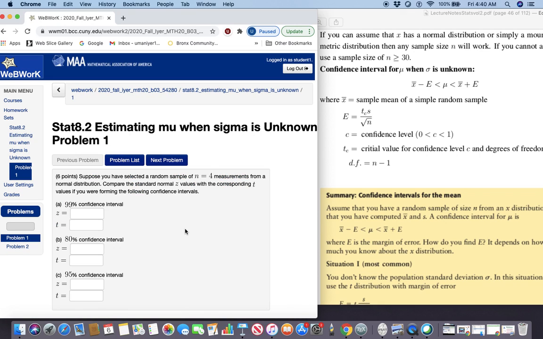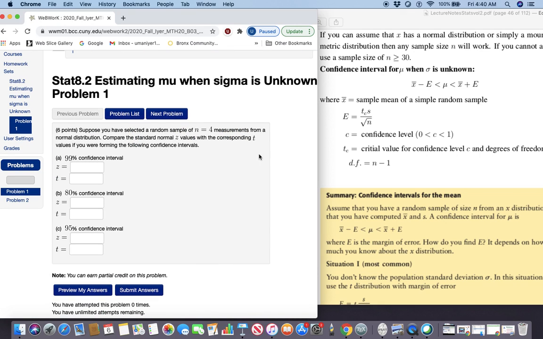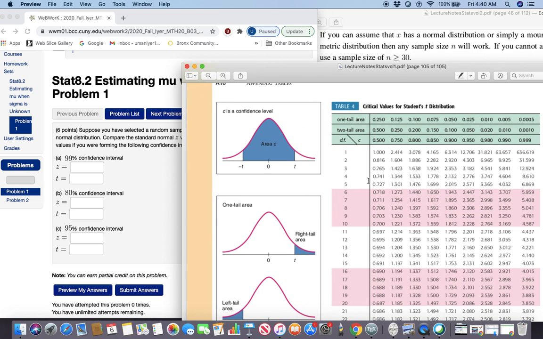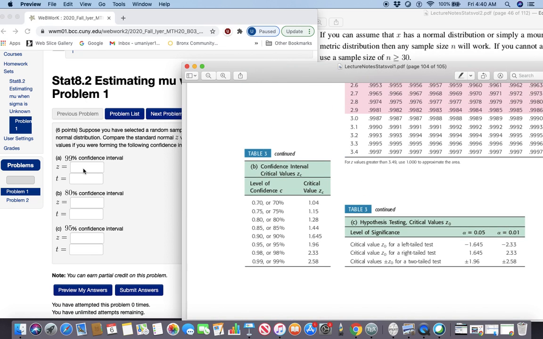Problem 1. It's asking us to look at n equals 4. Compare standard normal z values with the corresponding t values. So, let's look at the tables. For z, 99% confidence level, z is 2.58 or more accurately 2.575.